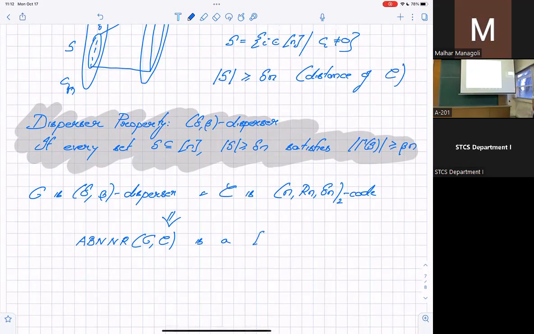This also has block length n. Its rate is now r n by t. The rate has deteriorated. What I want to say here is beta n. The alpha beta is 2.